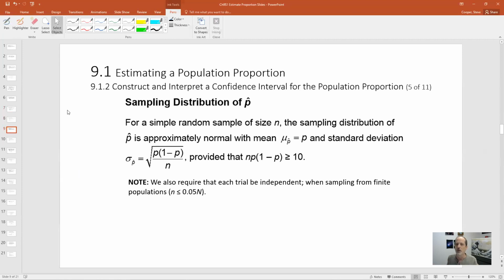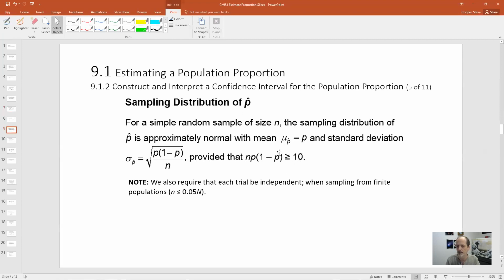Okay, here are some of the formulas. If we've got a sample size n, and the sampling distribution of p hat is approximately normal with mu of p hat equal to p, and the standard deviation sigma of p hat is the square root of p times 1 minus p divided by n, provided n times p times 1 minus p is greater than or equal to 10.